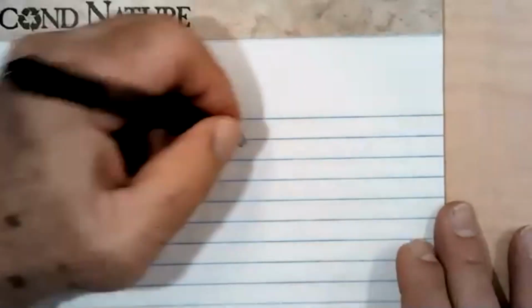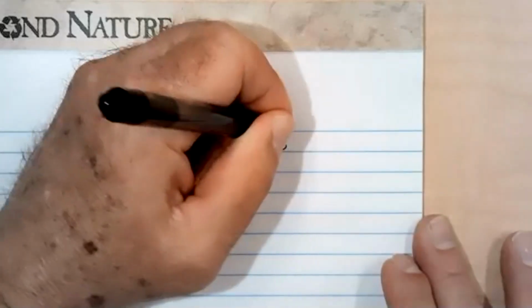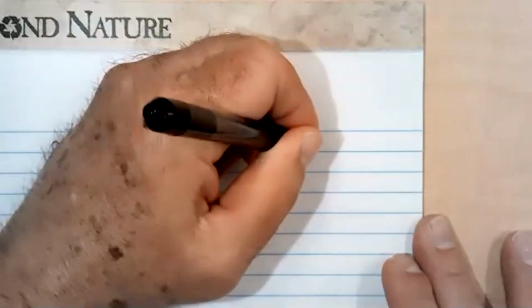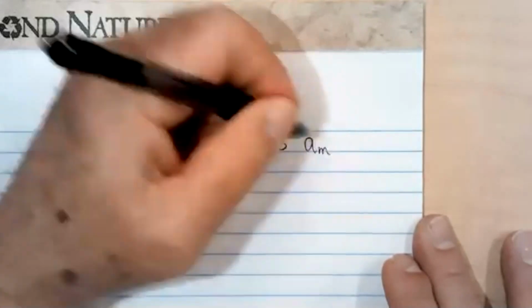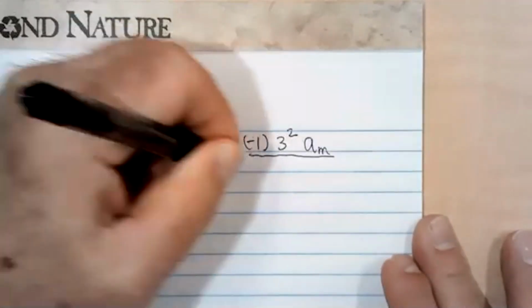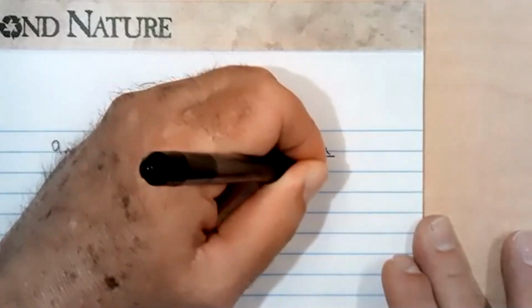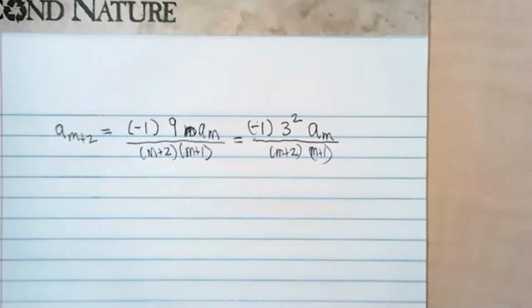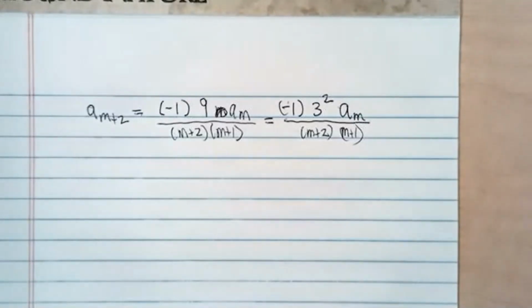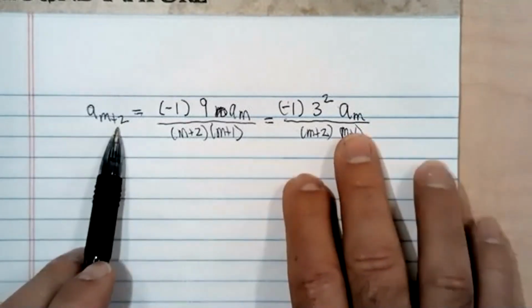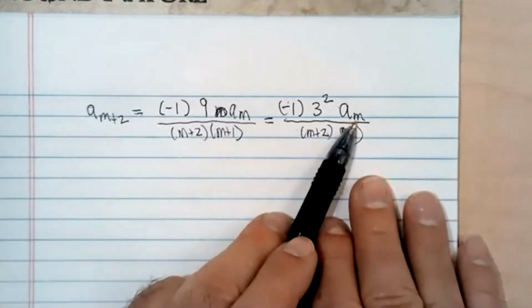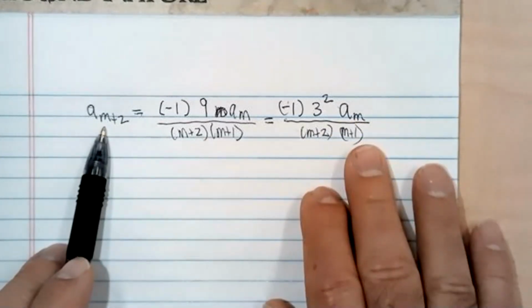And if it helps any, you could write it this way. It's -1 times 3 squared A_m over (m+2)(m+1). Now, here is where the step comes where it splits into 2. Notice that this jumps from m to m plus 2.